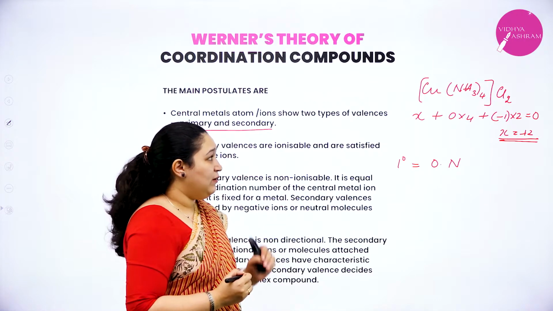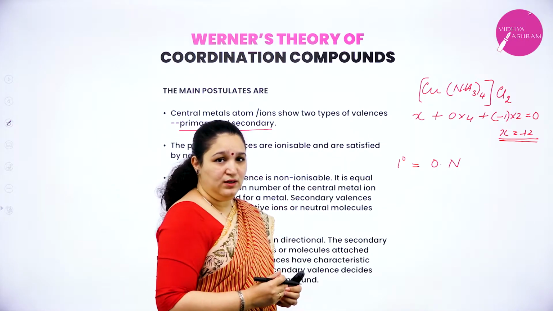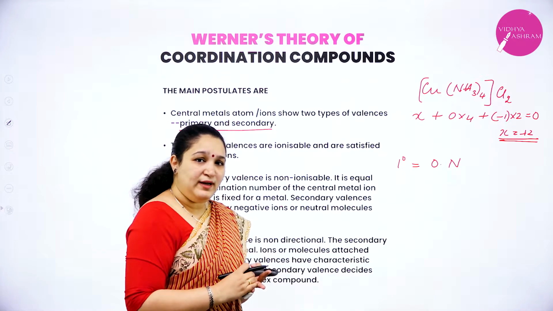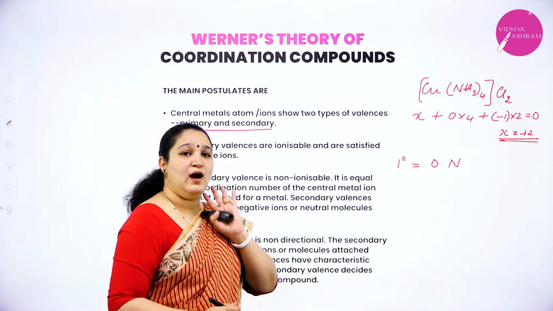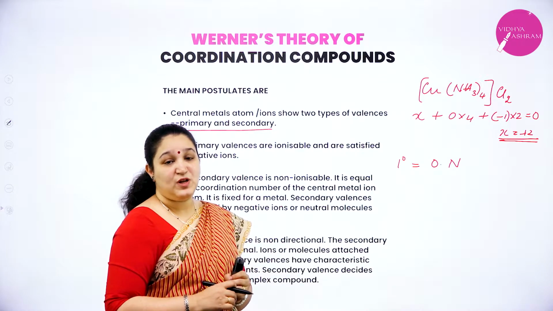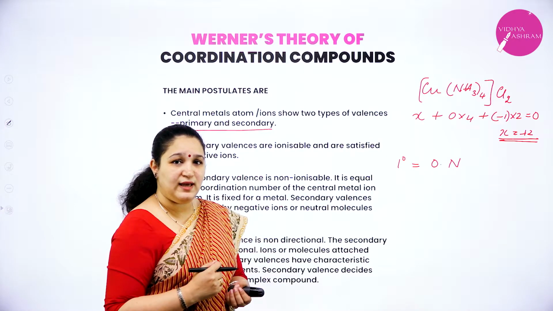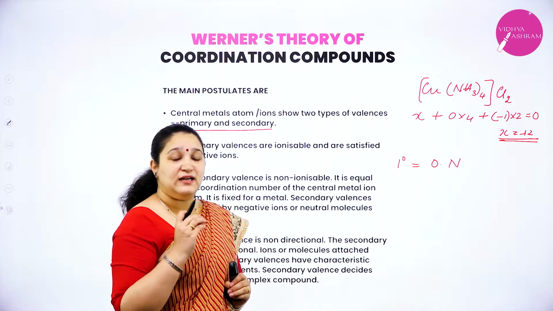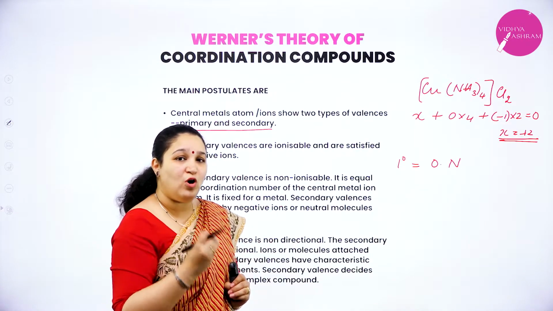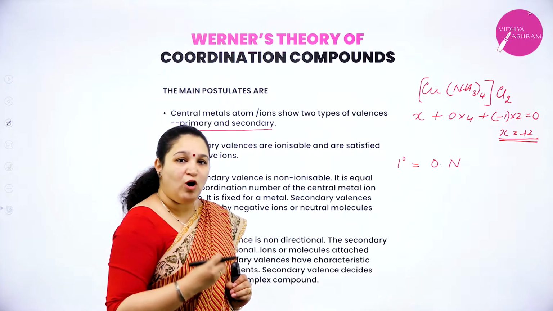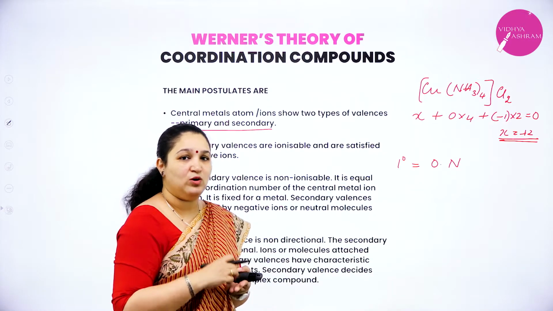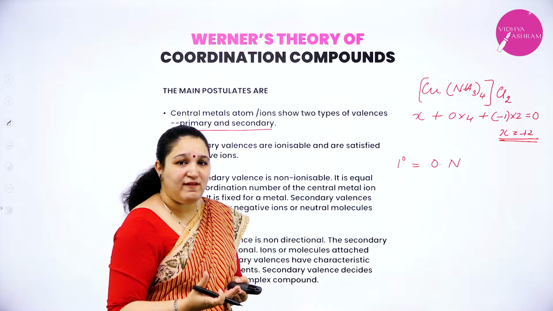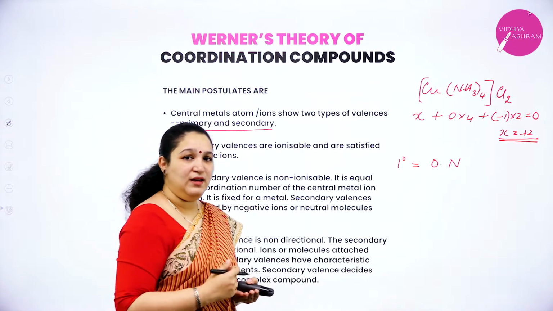In the same way, you can also see here the copper metal ion is bonded to 4 amine ligands. So, how many coordination bonds are there? There are 4 coordination bonds, and the number of coordination bonds formed by the metal ion with the ligand is nothing but the secondary valency of the metal ion.